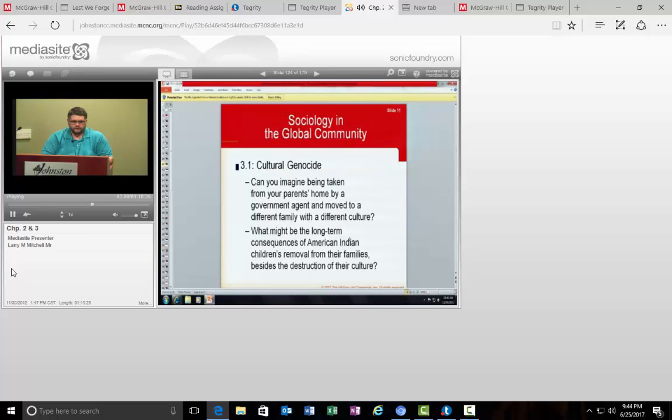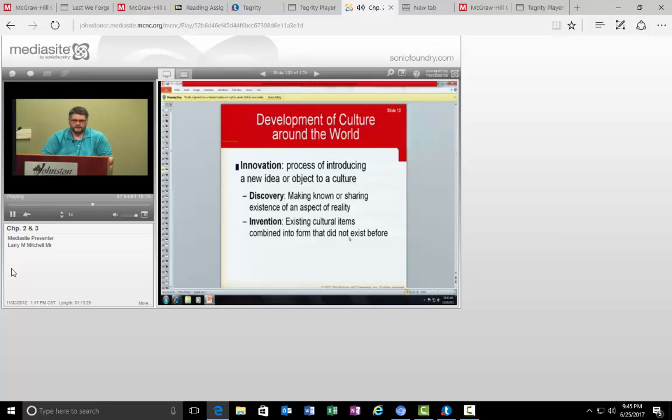Okay, moving right along here, we see some important processes related to culture and how it spreads around the world. So we see discovery, innovation, and invention. So sometimes people will take something that's existing that has not really been thought out before, or no one has done it before, such as maybe learning about the structure of DNA.